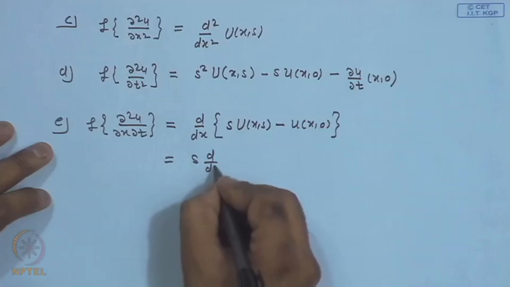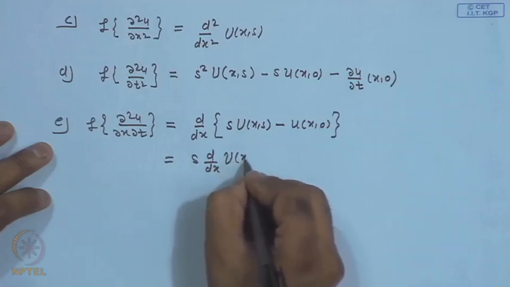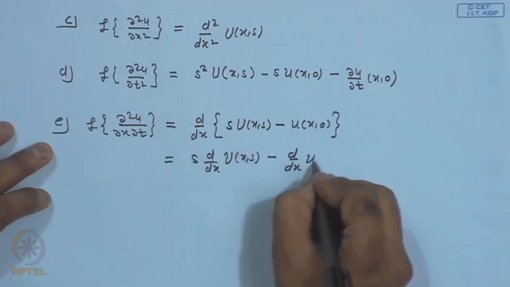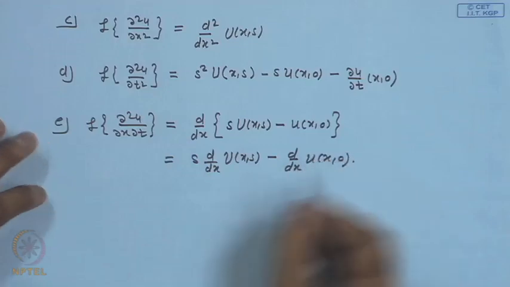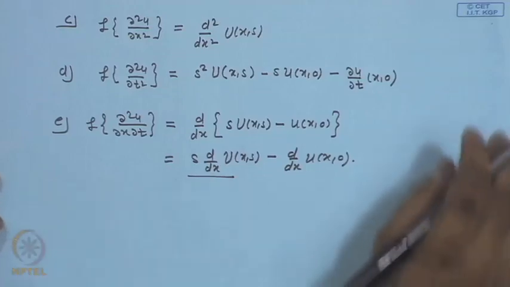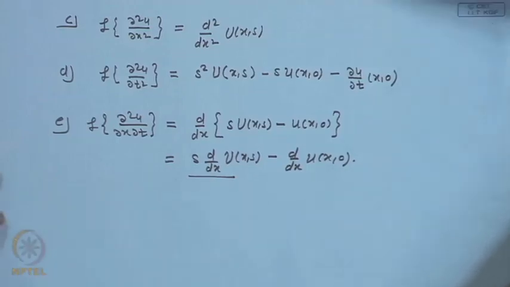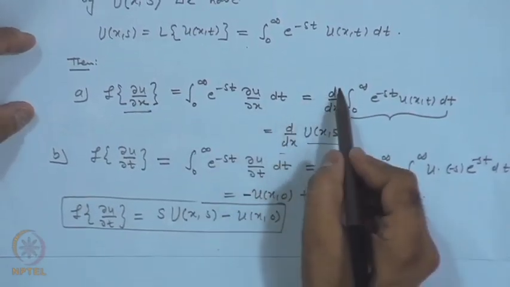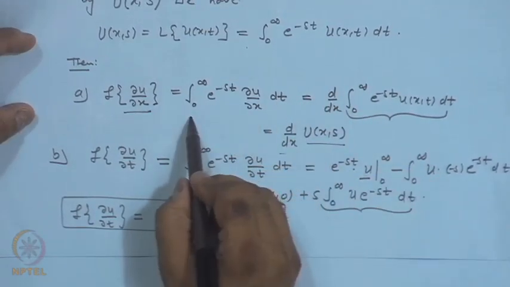So, d over dx of U(x,s) minus d over dx of u(x,0). So, this is for the mixed derivative. In addition to that assumption, in this case the derivative we can take out of the integral.